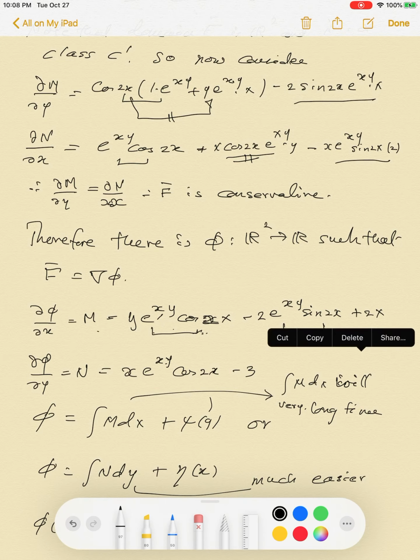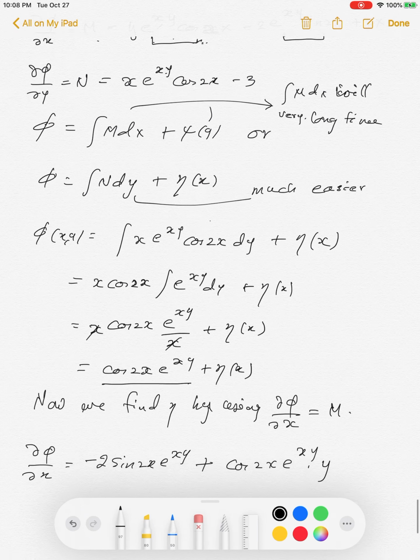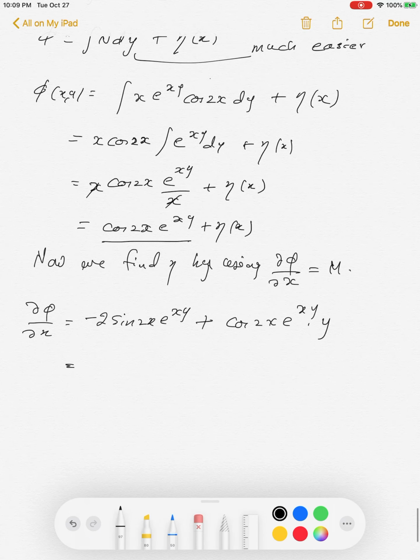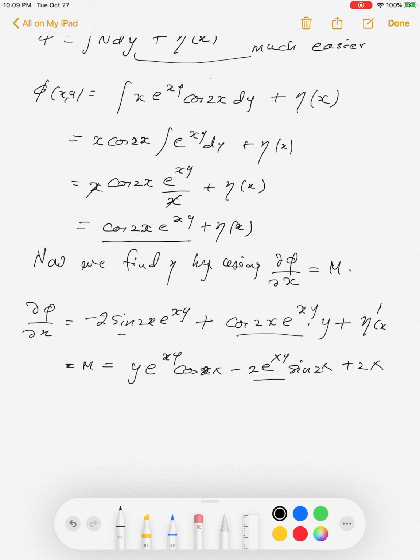And where is my M? Yeah, so let's look at M. This is equal to M, which was y e^(xy) cos 2x minus 2 e^(xy) sin 2x plus 2x. So these two terms are the same, and I forgot to add η'(x).